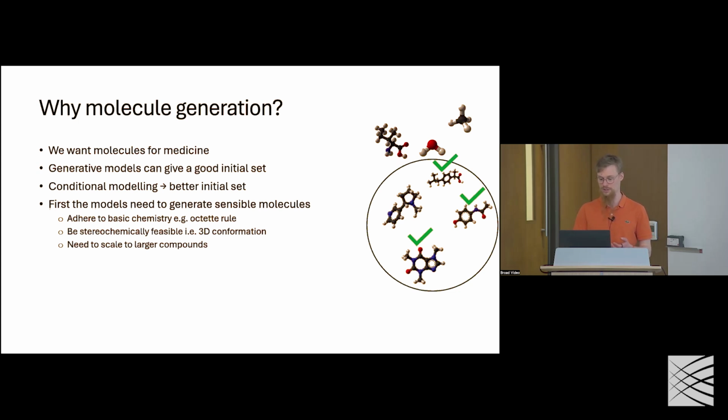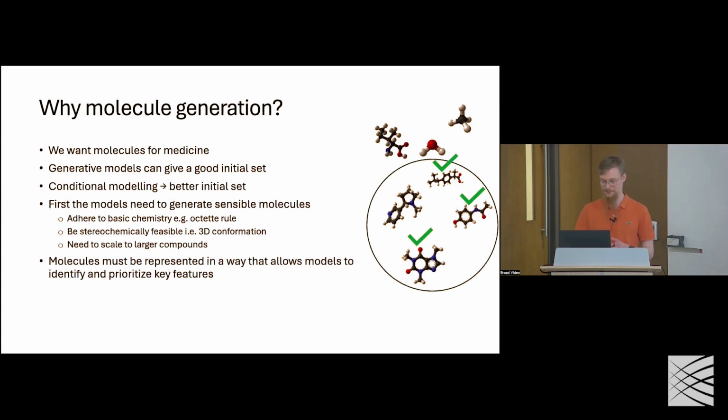So the models need to also know how to model these more complex molecules. So for this, as Martin told, these molecules have to be represented in some good ways, so that the model can actually use important features.